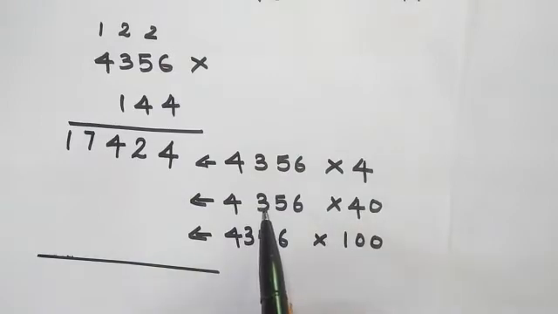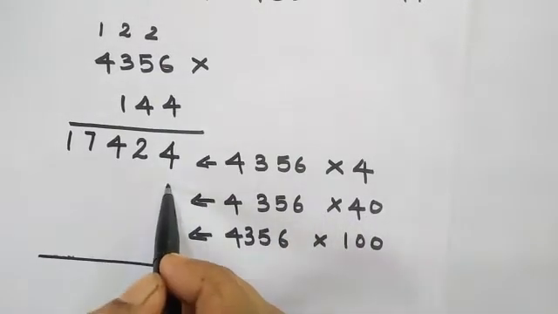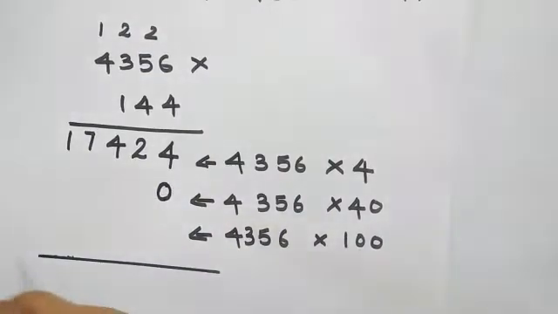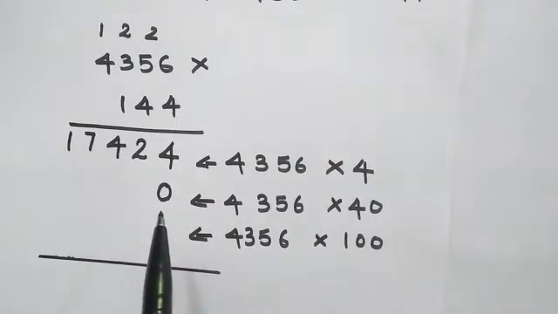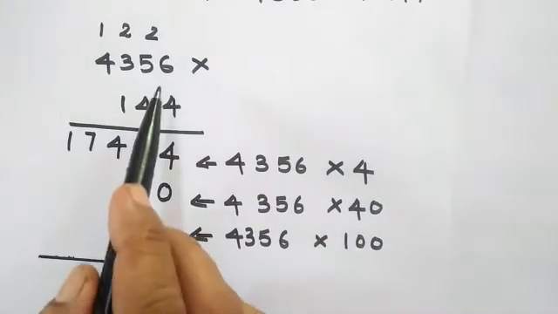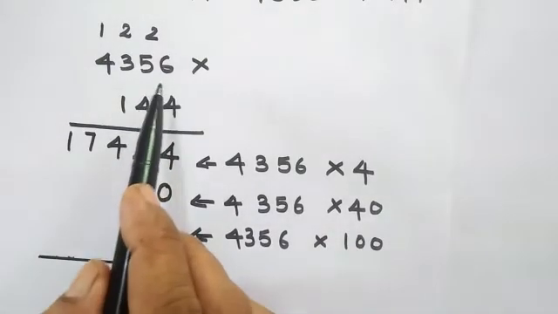Okay. So, 4356 into 40. First we put 0 here because we are multiplying with 40. Instead of multiplying with 40, we will multiply with 4 and put 0 in the ones place. So we will again multiply this tens place digit.